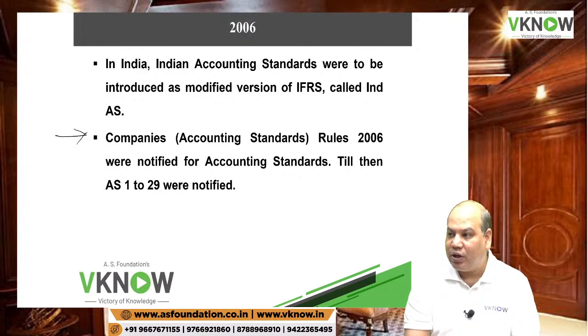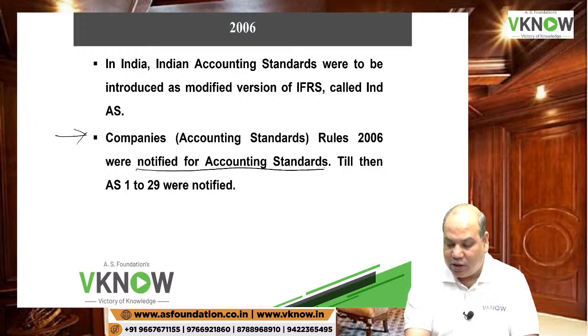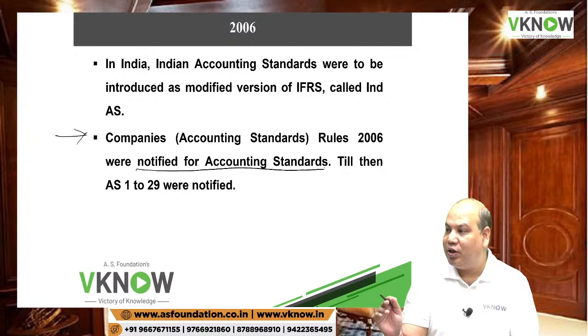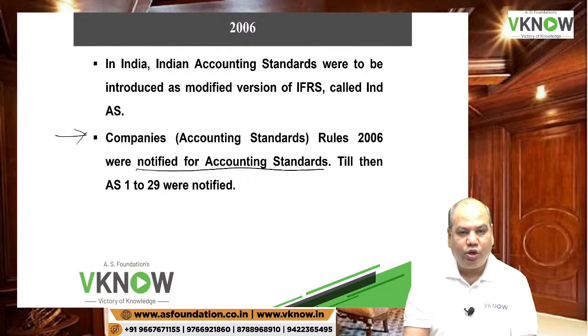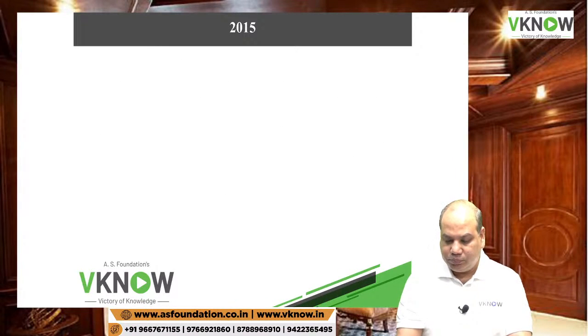The rules were issued, and they notified which accounting standards will be applicable. Till that time, standards 1 to 29 were notified. So 29 standards were notified. They were made mandatory on certain companies.